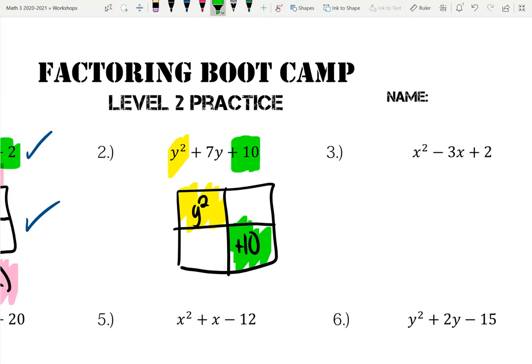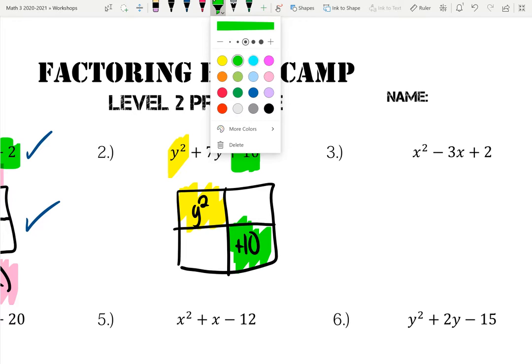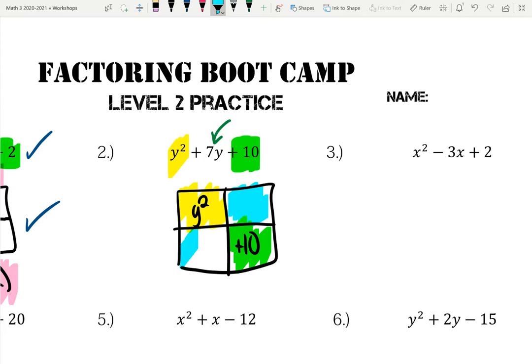Now I have to figure out what multiplies to be 10y squared, but I want these terms to result in 7y. So whatever is in both of these boxes, these areas, has to end up being 7y. If I don't get positive 7y, it's a valid combination, but it's not the one that results in my quadratic. So let's go ahead and look.